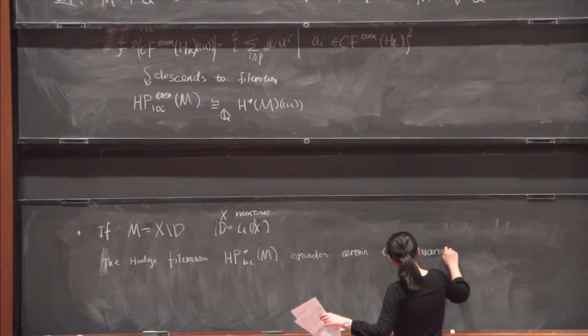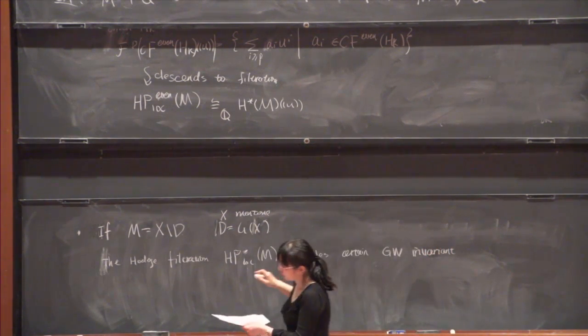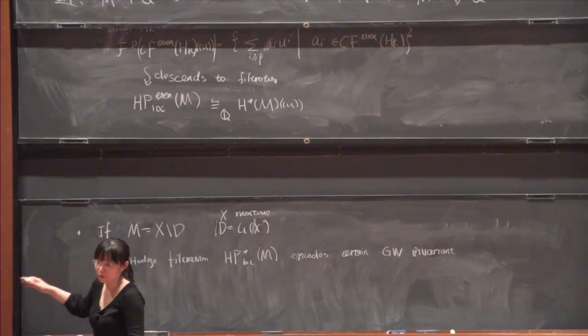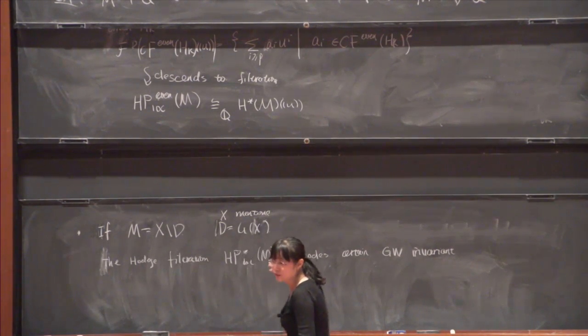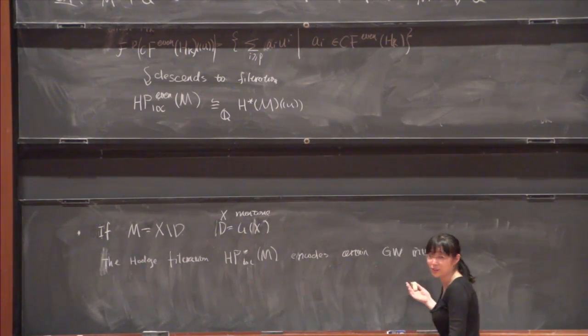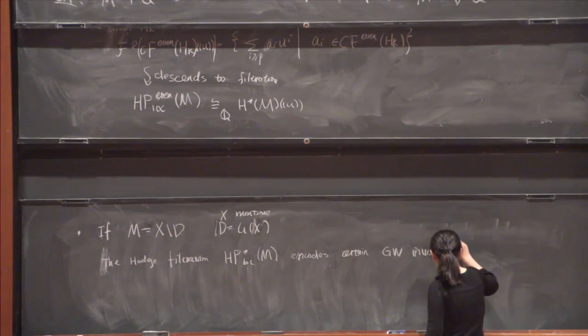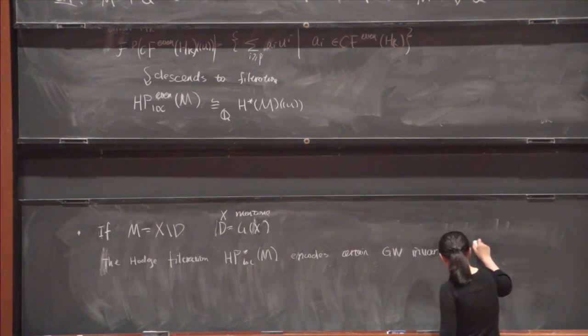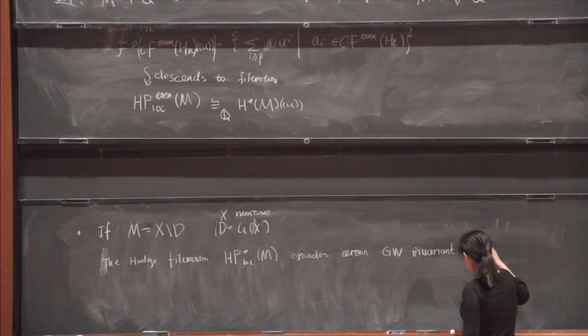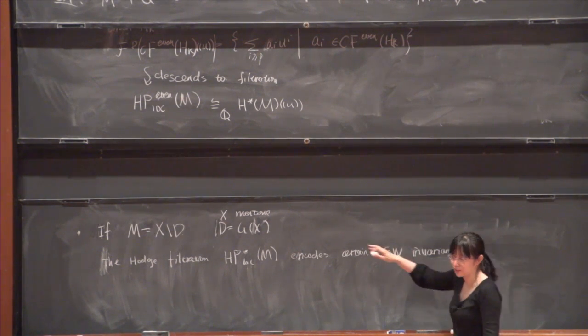So the classes coming from cohomology, maybe you can think they're defined by some classes given by Gromov-Witten invariants, possibly equipped with gravitational descendants coming from the divisor.